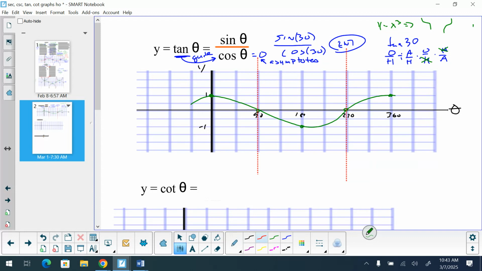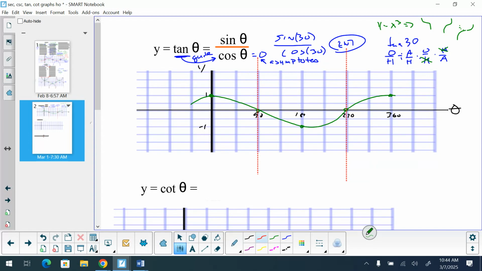Rather than turning and going upwards up here, we just turn it and go the other direction. That's your idea of a cube function. Parabola, we just keep going with this U. We take this arm and we turn it the other way.